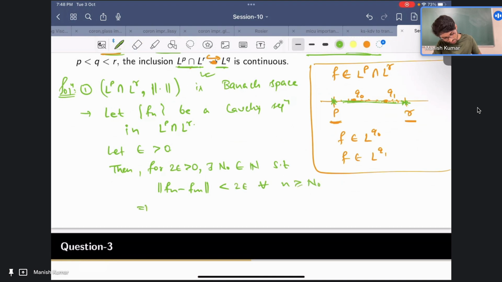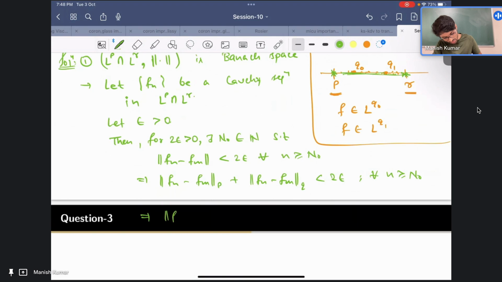Now this would imply that the L^p norm of f_n minus f_m plus the L^r norm of f_n minus f_m is less than 2 epsilon for all n, m greater than or equal to n_0. Right? Now this implies that the L^p norm of f_n minus f_m is less than epsilon and the L^r norm of f_n minus f_m is less than epsilon for all n, m greater than or equal to n_0.